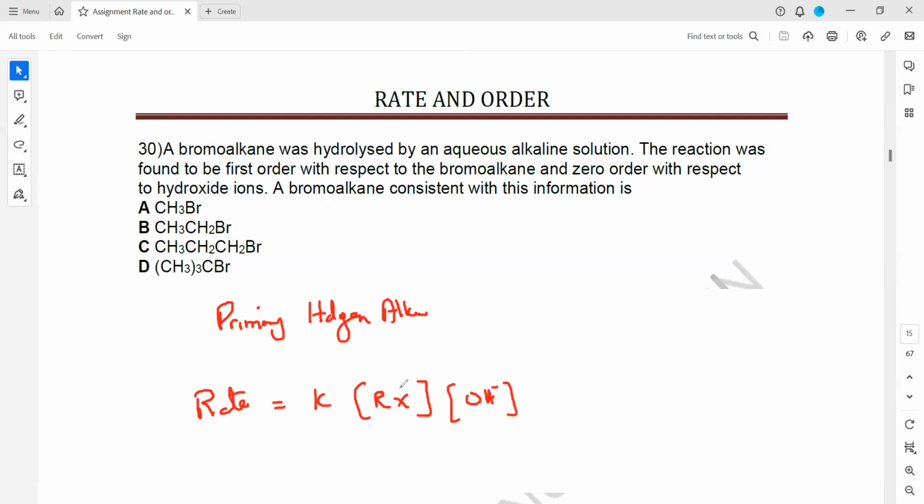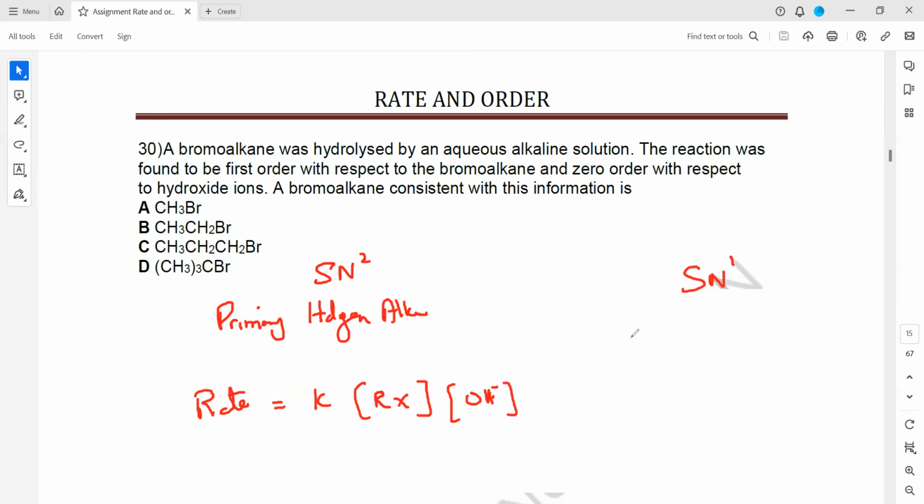It is first order with respect to halogenoalkane and first order with respect to hydroxide, because the rate of the reaction depends on the presence of both, and it will undergo an SN2 reaction. Means the rate depends on both halogenoalkane and hydroxide, because there is space available in a primary halogenoalkane to attack the carbon which is bonded with the halogen. So bond breaking and bond forming can take place at the same time in SN2.